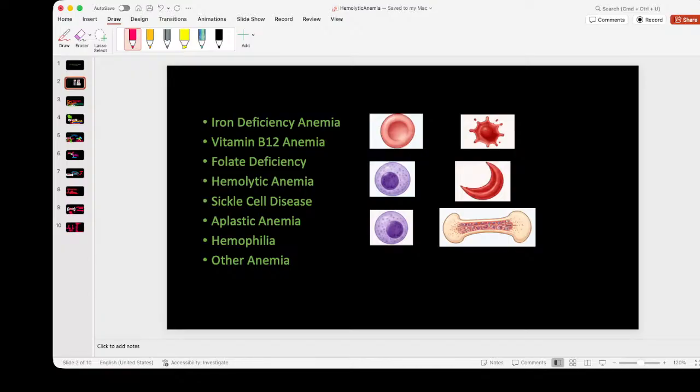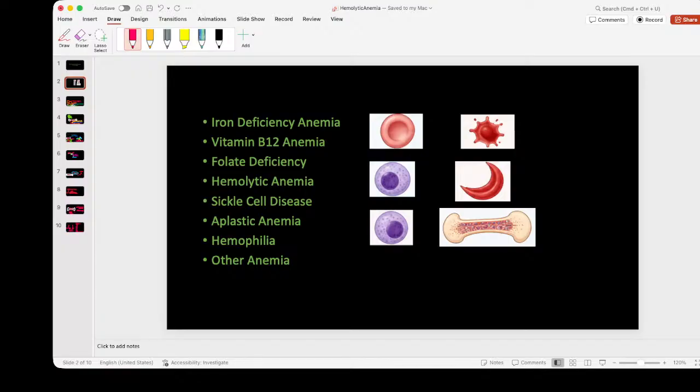Then you've got this hemolytic anemia that looks like a splash diagram of a red blood cell. Hemolytic, if you take the term, lytic is basically breaking up the red blood cell. And the sickle cell is a moon shape, a crescent-shaped blood cell, so you can see that in this diagram.